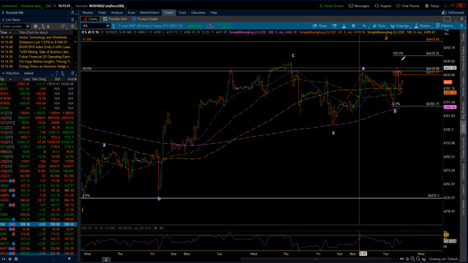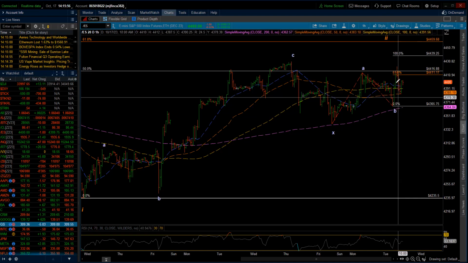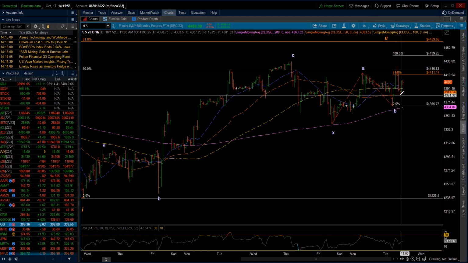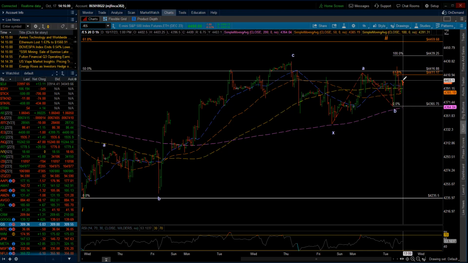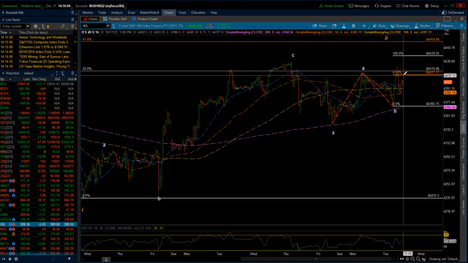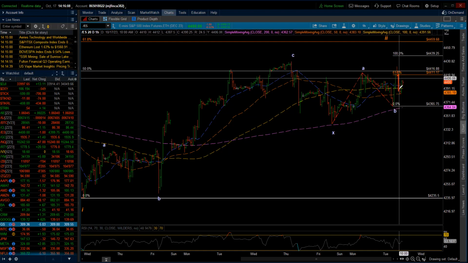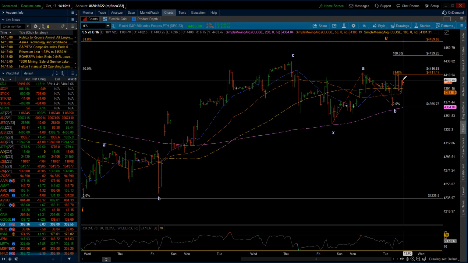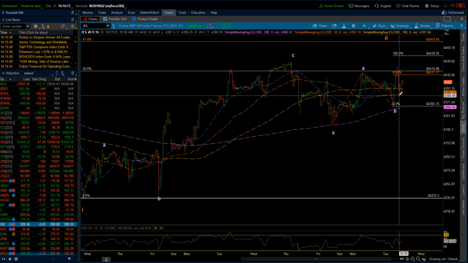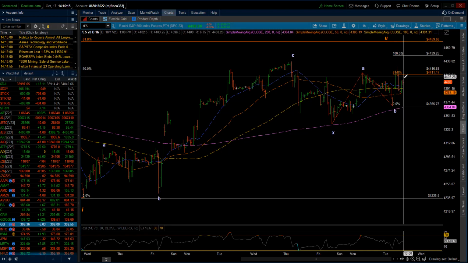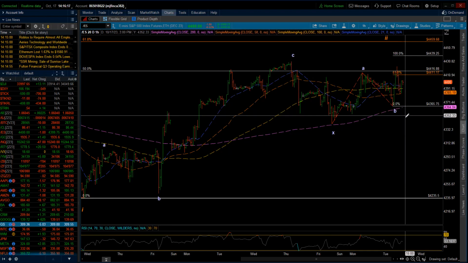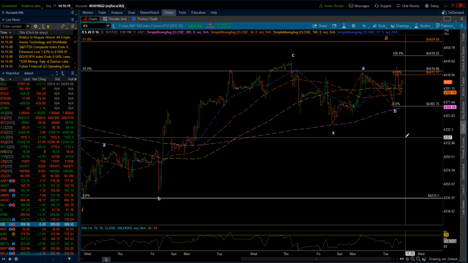Now, if it topped today, then what am I looking for? Well, that would be like a very small 1, a very small 2, pretty much from the Globex opening. Maybe we get up a little higher, but we do not make a new high. If this is a 1 and we're working on a little 2, we're looking like it just turns and starts to go down and it doesn't stop.